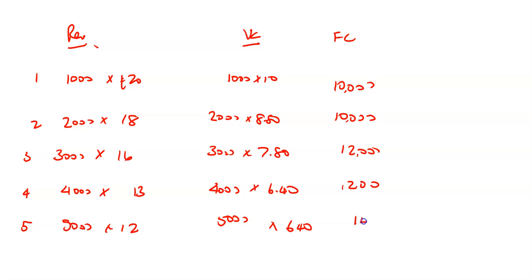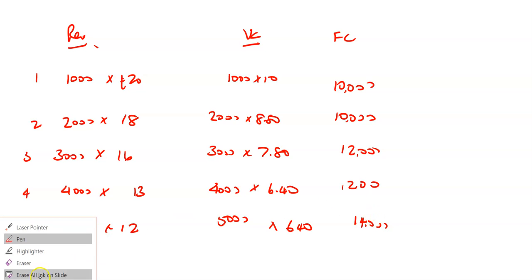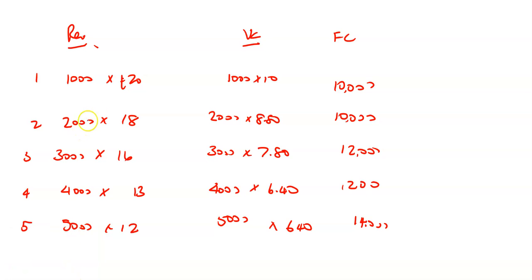And here we have £14,000. So I'm just going to change my pen color and quickly calculate all of this out. Here I have 20,000, here I have 36,000, here I have 48,000, here we have 52,000, and here we have 60,000, and here we have 10,000, here we have 17,600.